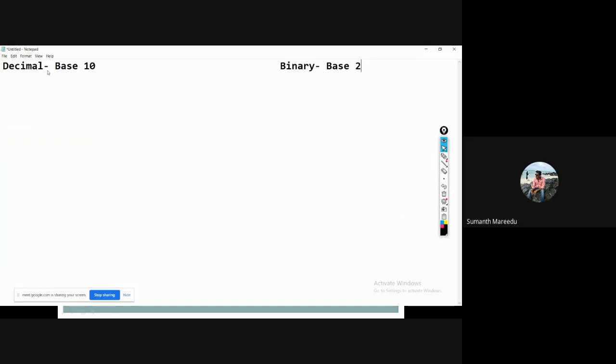So normally we write numbers like that, right? That is decimal representation. There we use 10 different digits for representing the numbers, 0 to 9.